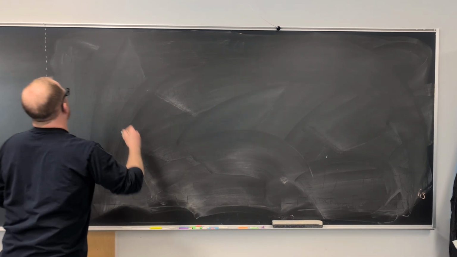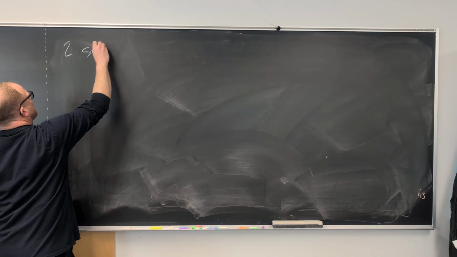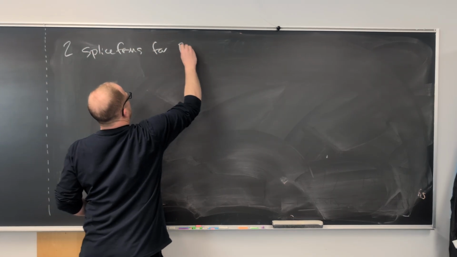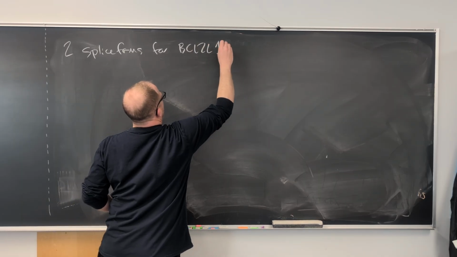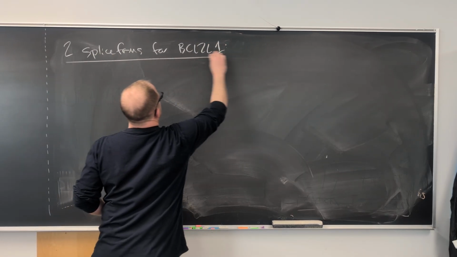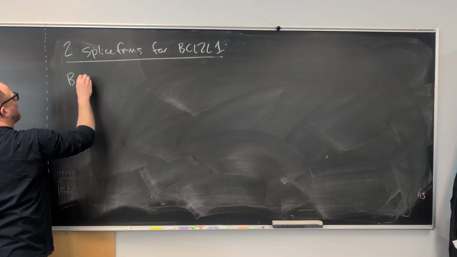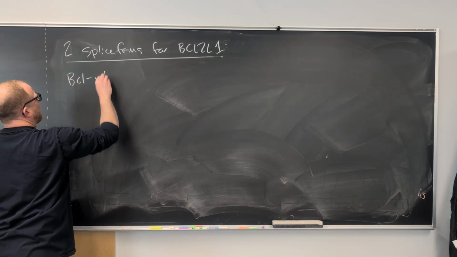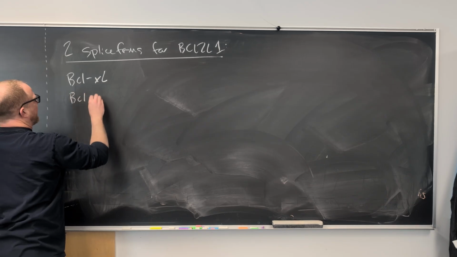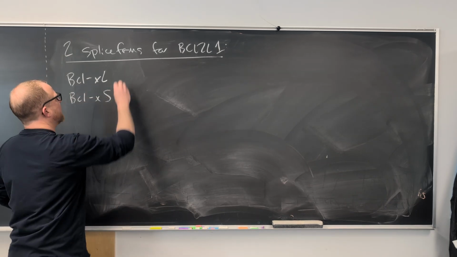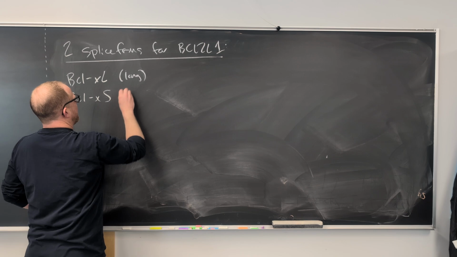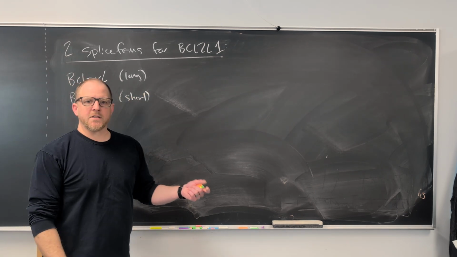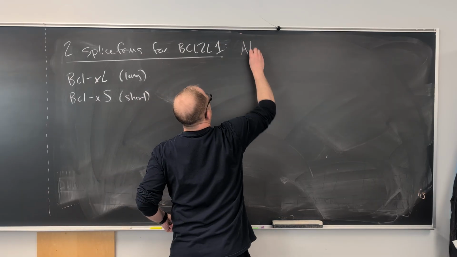There are two splice forms for BCL2L1, and these result in two different protein isoforms, BCLXL and BCLXS. In this case, the L stands for long and the S stands for short. Now the mechanism here is through an alternative 5' splice site.